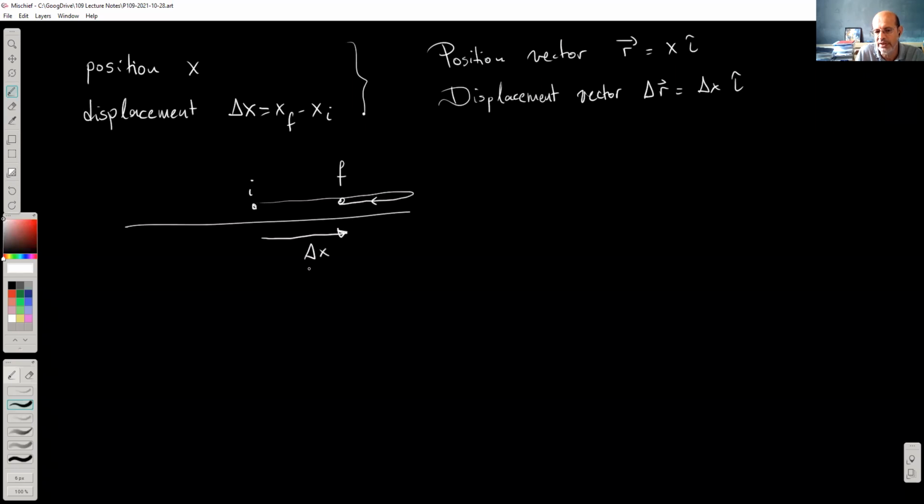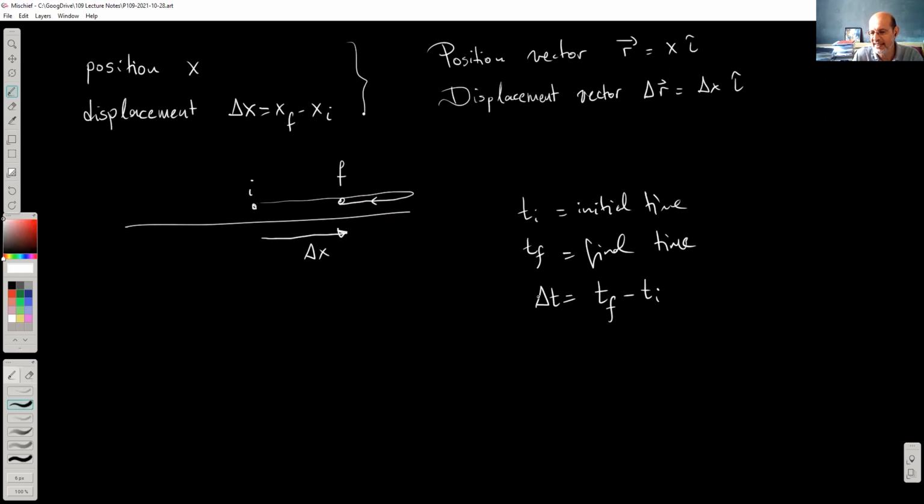So it's not important how the particle moves between these 2 instants of time, right? I'll call Ti the initial time, and this is the final time, Tf.